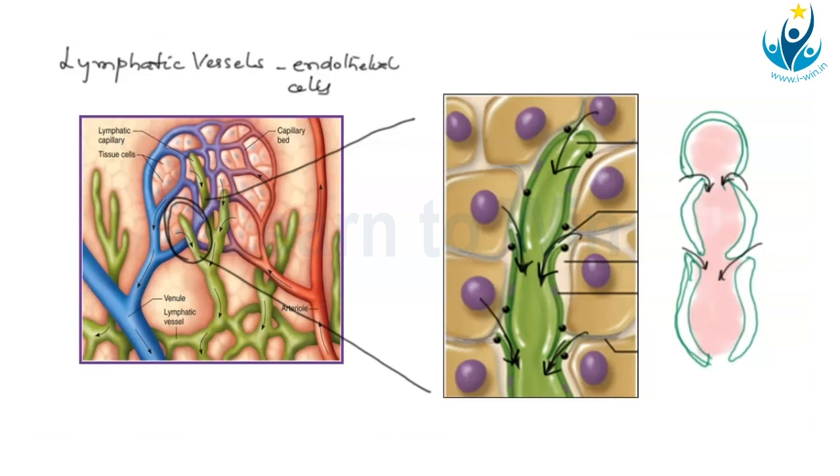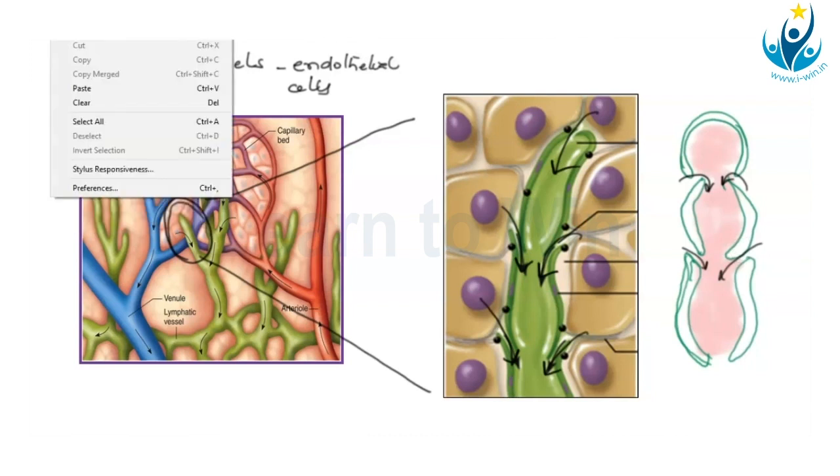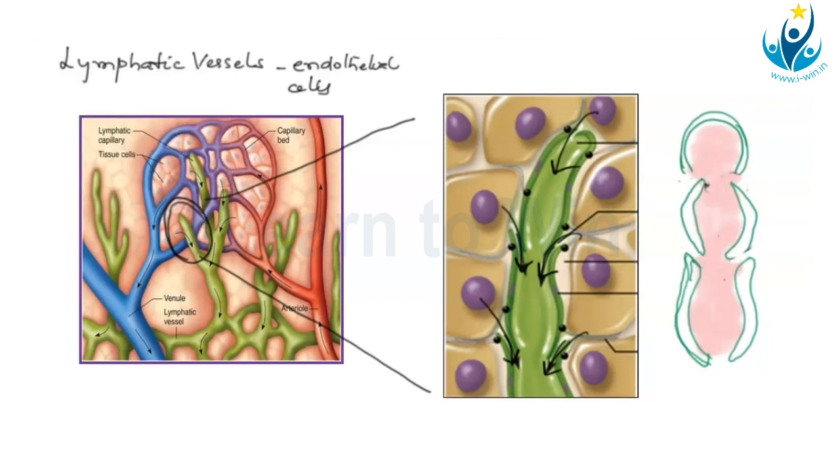Now what happens? Because of the entry of the lymph fluid, I'm going to remove these arrows which I've used. This lymph fluid which is inside will start putting pressure on the endothelial walls. These walls flap open, meaning there will be a slight change in them.